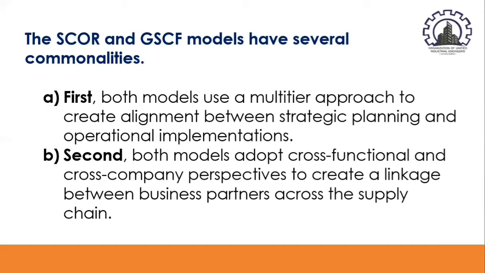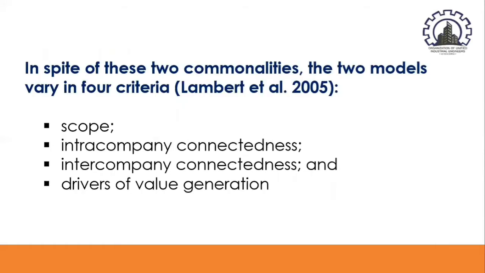Now, in spite of these two commonalities, the two models vary in four criteria. This is according to Lambert et al., 2005. So these are the scope, intra-company connectedness, intercompany connectedness, and drivers of value generation.